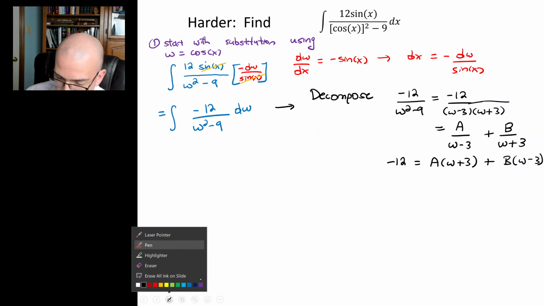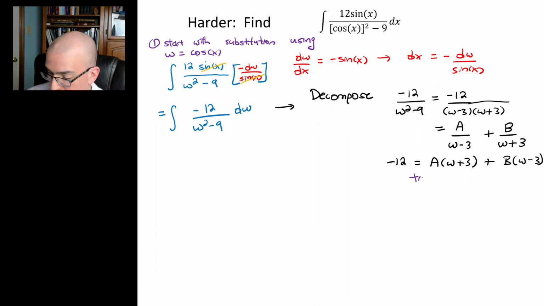This must be true for all w. So I'm going to choose w equal to negative 3 to start things off.